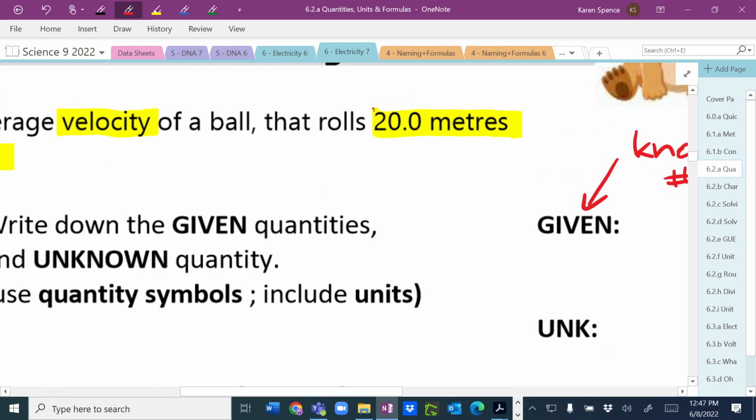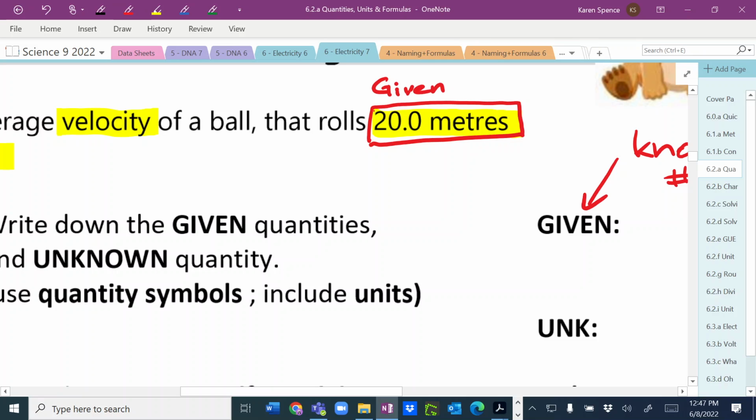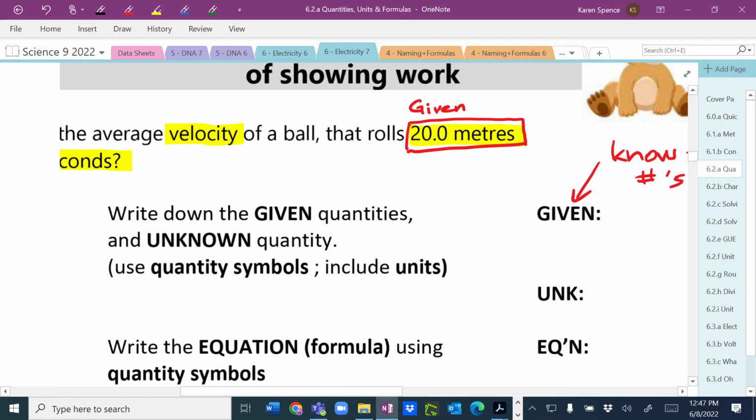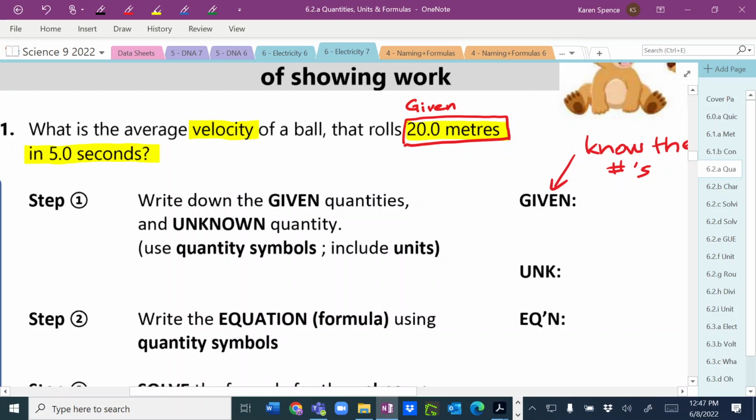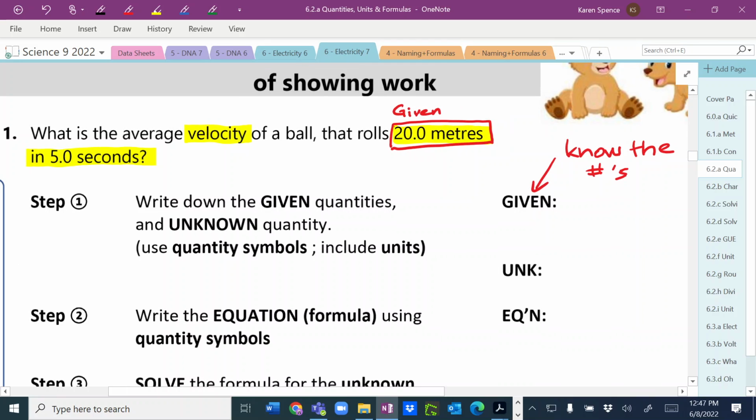We have 20 meters, so that's one of our givens. So I'm just going to call it G for given. Or actually, maybe I'll write that it's a given because it's our first time through. Do we have another thing where we know the numbers? We have 5 seconds. So that is also a given quantity.